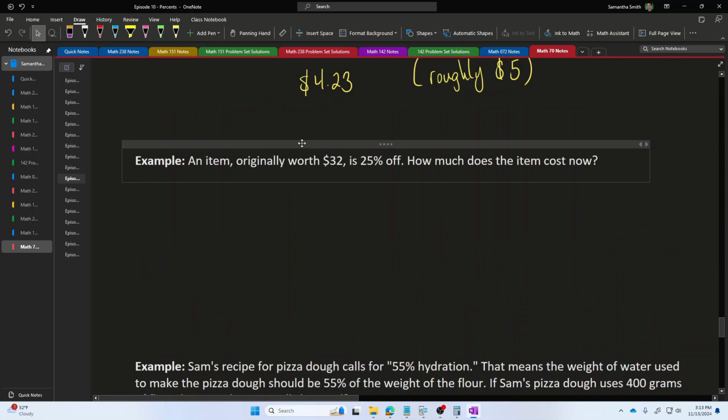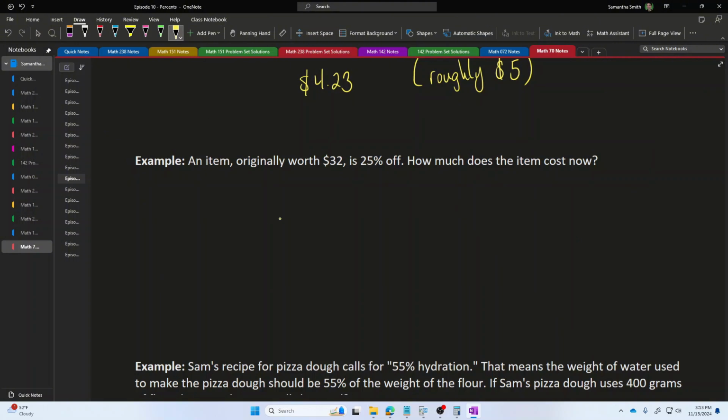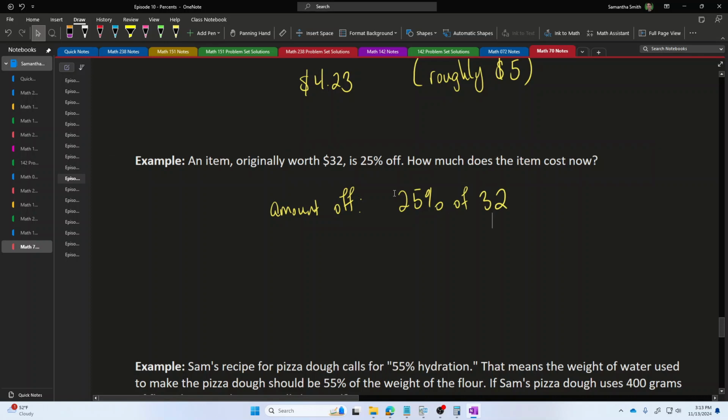For another example, we have an item that's originally worth $32 and it's 25% off. So if this item is on sale for 25% off, how much does the item cost now? So the amount that has been taken off the price is 25% of 32, which we remember can be found by taking half of 32 twice.